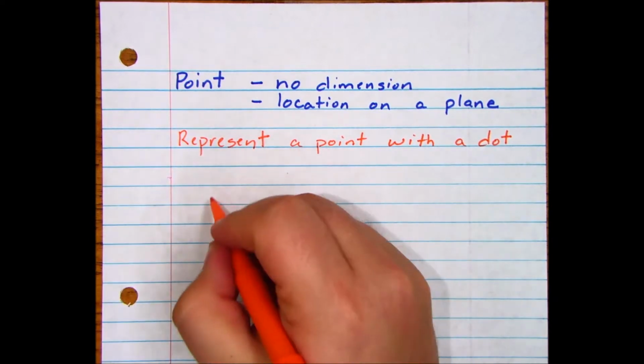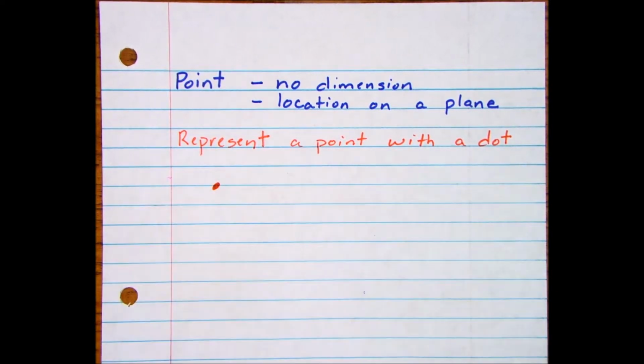Now, of course, we're not just looking at one point, we're talking about multiple and many points. So we're going to represent the one point we have with a capital letter.